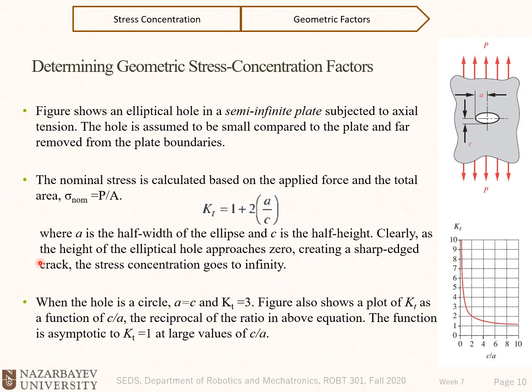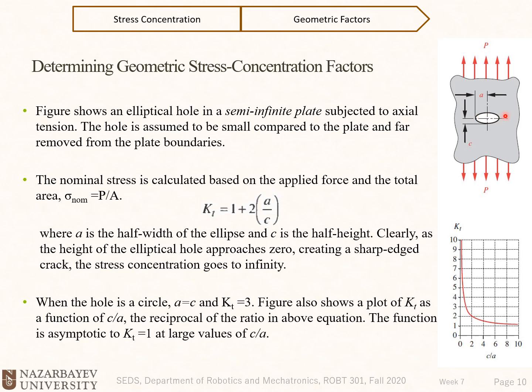Clearly, as the height of the ellipse hole approaches zero, so C approaches zero, creating a sharp edge, it goes to the shape of a crack, and the stress concentration goes to infinity.